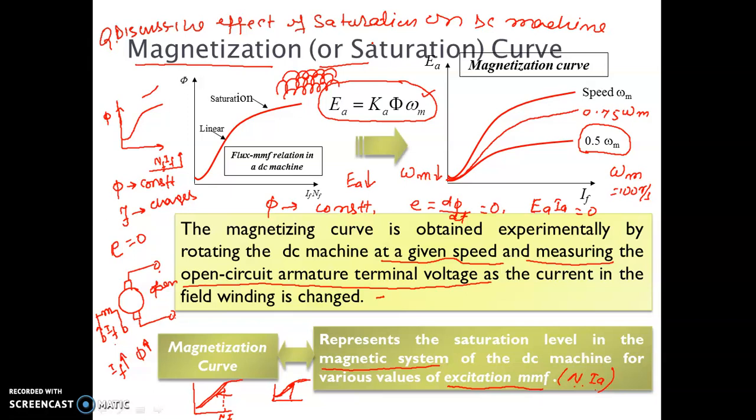The effect of the armature field on the main field is called armature reaction, and it has three parts, as I told you: distortion effect, strengthening effect, and flux weakening. The main field flux can be weakened also. These are the three effects that I discussed in detail in the 11th part of my video. Okay, thank you.